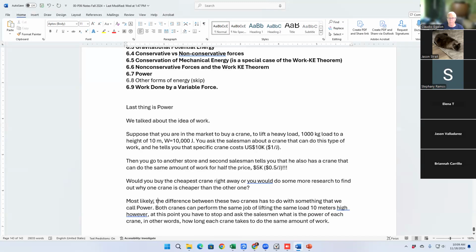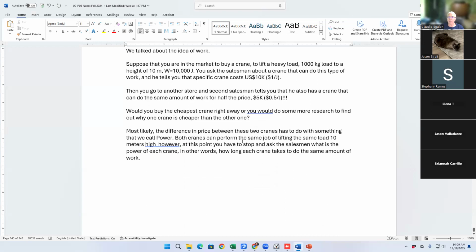The difference in price between these two cranes has to do with something that we call power. Both cranes can perform the same job of lifting the same load 10 meters high.